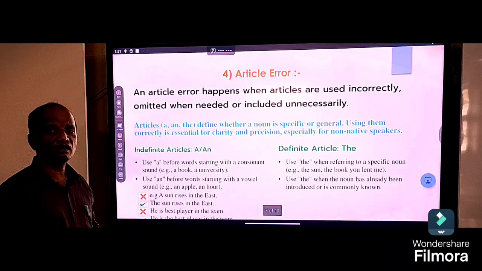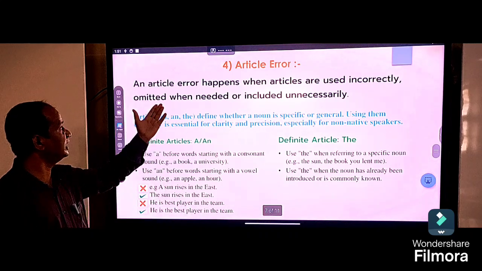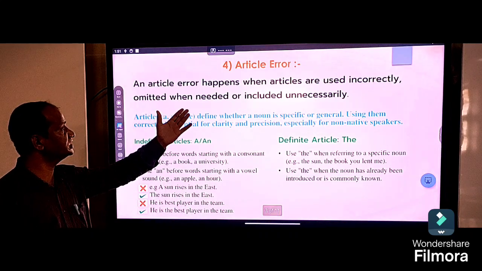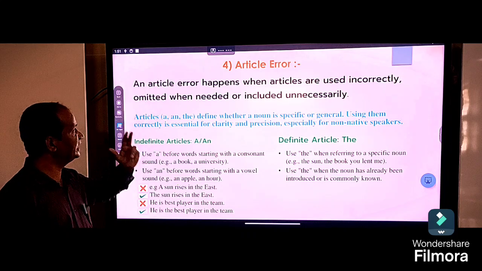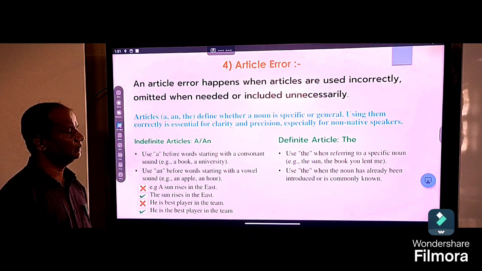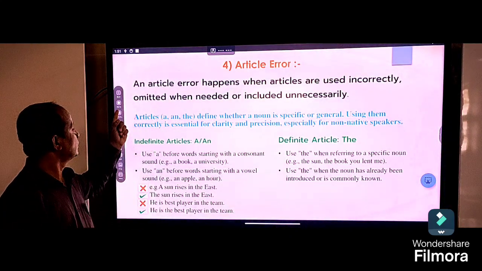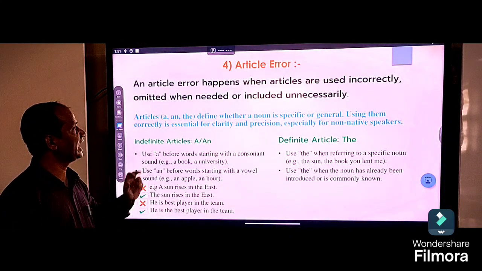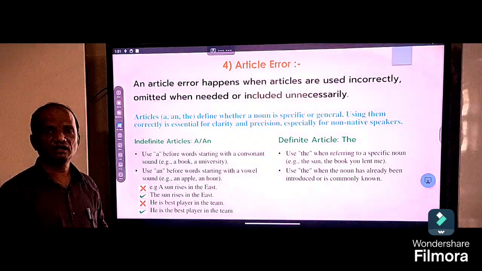An article error happens when articles are used incorrectly, omitted when needed, or included unnecessarily. If the articles are incorrectly used, omitted when they are needed, or included unnecessarily, this error occurs.